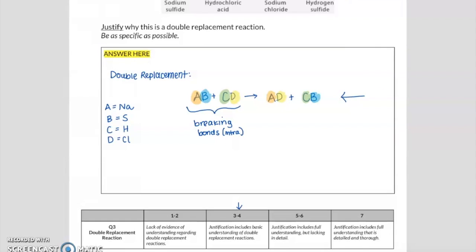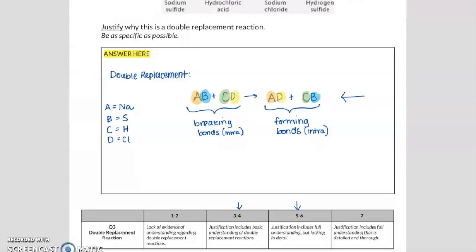And then once you break apart A from B and C from D, you reform those bonds or reform the intramolecular forces in order to get AD and CB. So talking about the bonds, talking about the intramolecular forces will help you get into the 5-6 category.